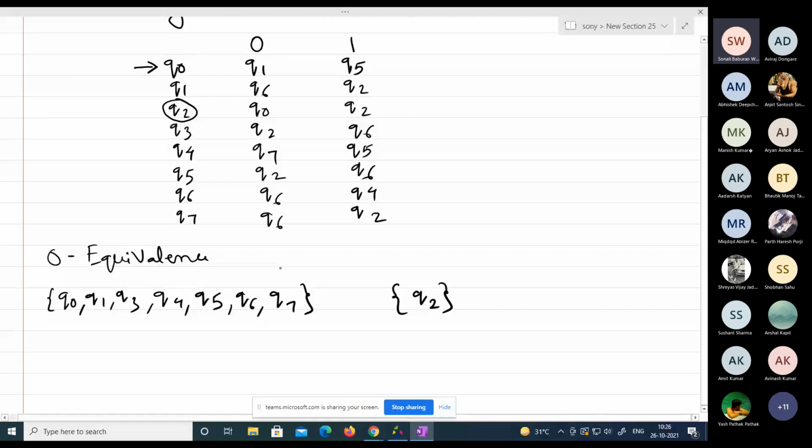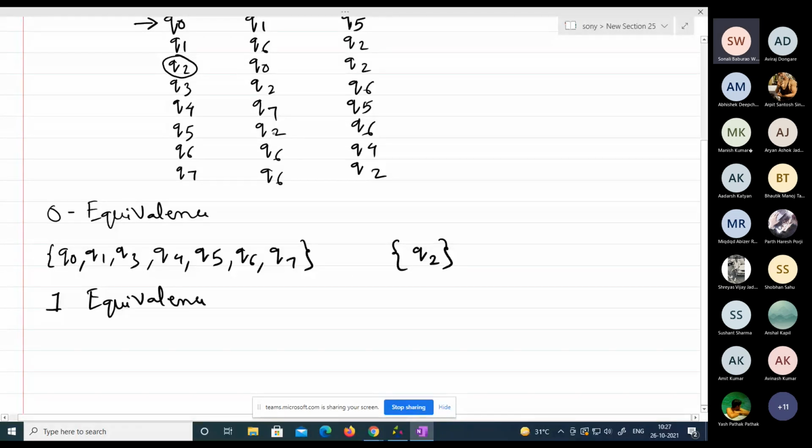Now next comes our one equivalence. What is this one equivalence? Now you have to check the pairs, as I said. First we will see for Q0, Q1.